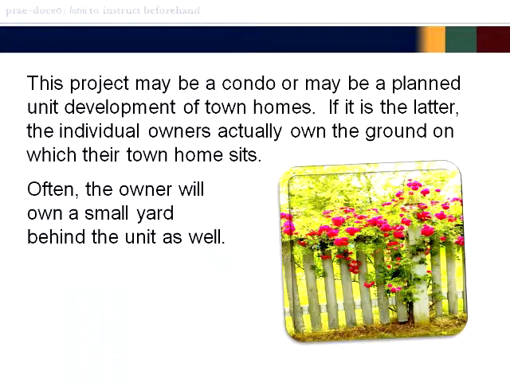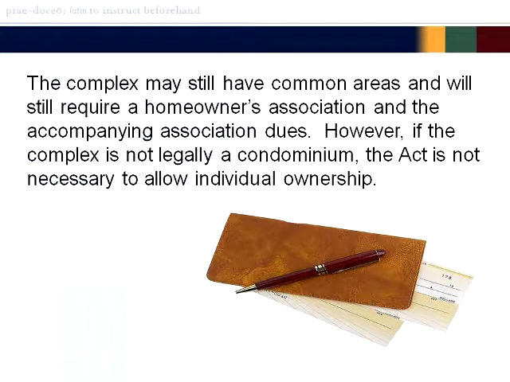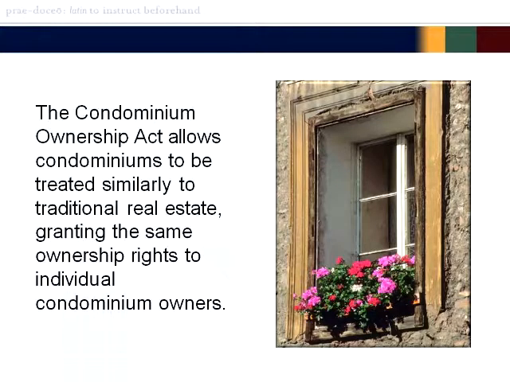Often, the owner will own a small yard behind the unit as well. The complex may still have common areas and will require a homeowners association and the accompanying association dues. However, if the complex is not legally a condominium, the Act is not necessary to allow individual ownership. The Condominium Ownership Act allows condominiums to be treated similarly to traditional real estate, granting the same ownership rights to individual condominium owners.